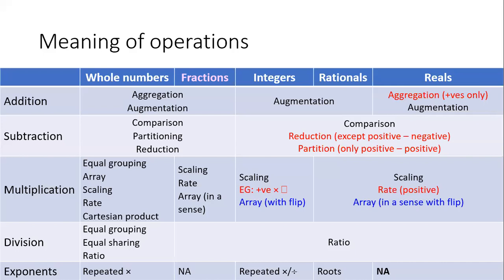So here, to get the total surface area of a cone, you are adding two real numbers, and it is completely in the aggregation sense. Here is some area, here is some area, you combine them to get the total surface area, right? So aggregation does play a role, but only where both quantities are positive. Similarly, reduction and partitions are kept with disclaimers about where they work or where they don't.